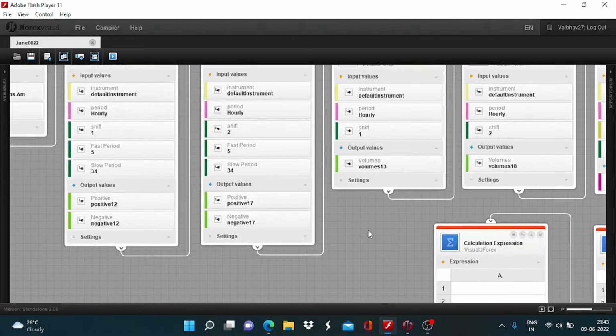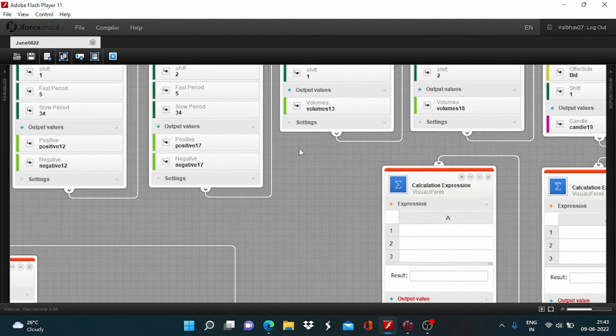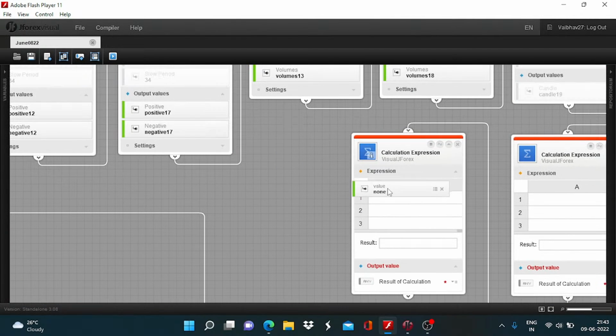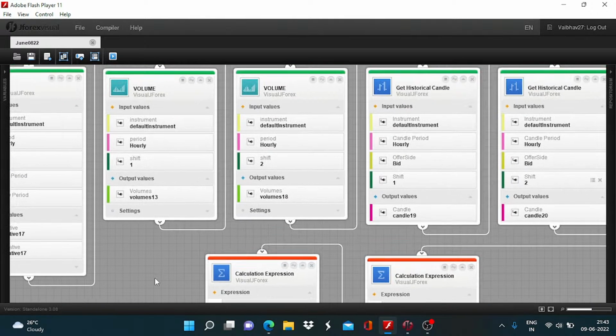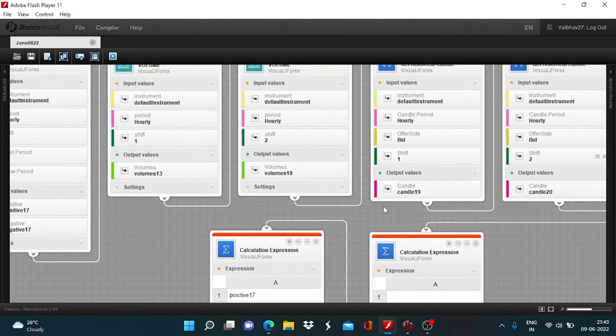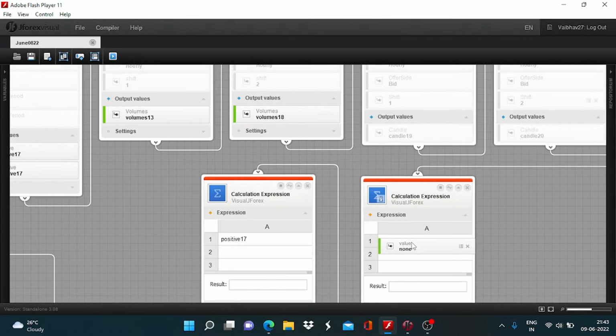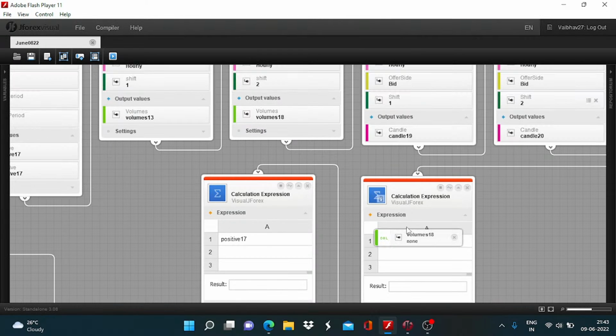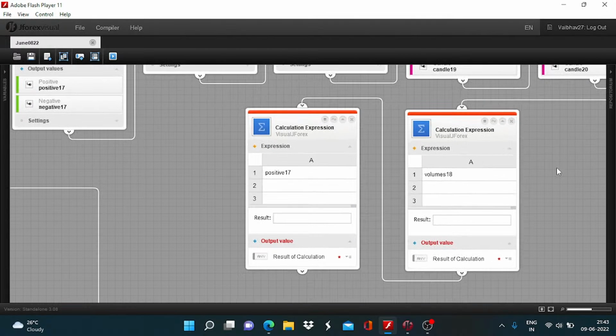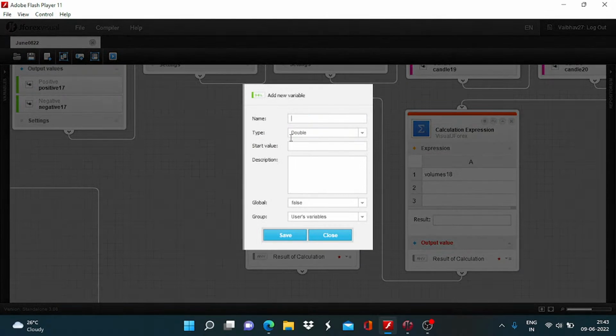Coming to positive 17 and volume 18, we have to now create a new variable with the value of 2.